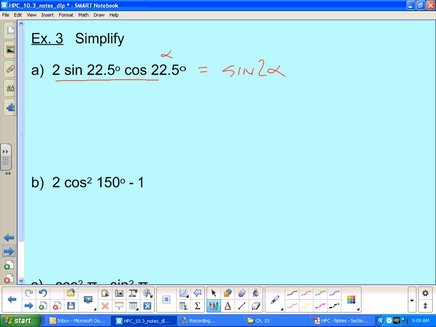There's our angle alpha, 22.5 there. So it simply becomes sine of 2 times 22.5, or the sine of 45 degrees. And then sine of 45 degrees, we know, is root 2 over 2.